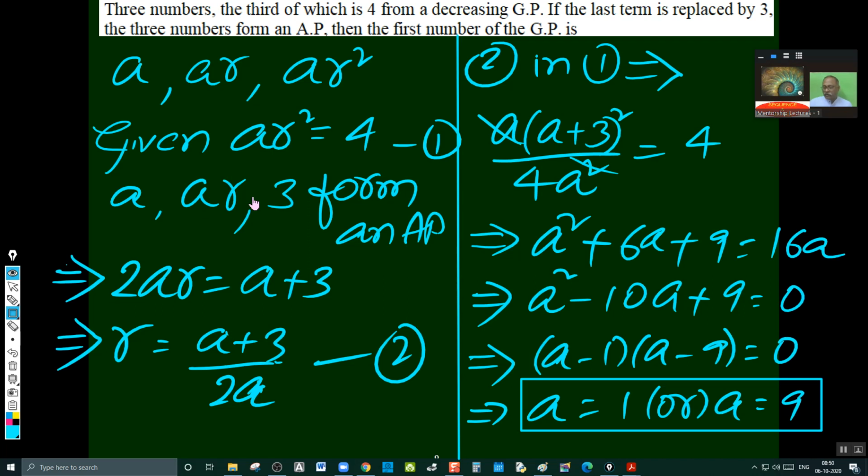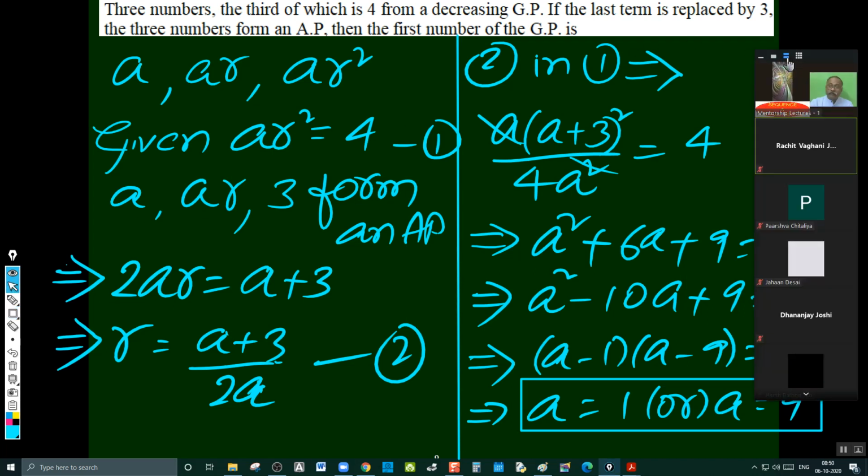Anyone? If you have any doubt, ask me please. Rachit is there in the class? Yes, sir. Do you understand this? Sir, we'll consider only 9 because they have given it's a decreasing GP. Correct, beta. That's what I'm going to conclude. Devsha, that's right.